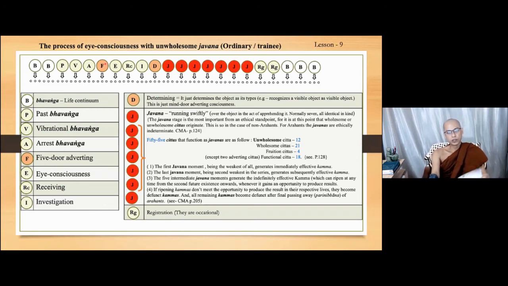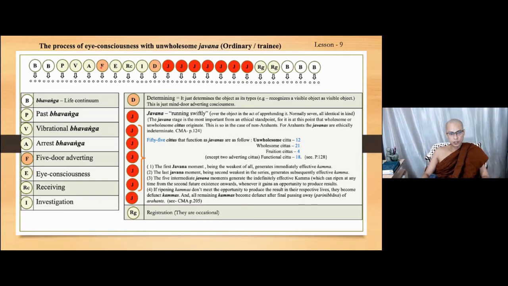With reference to the ahetuka, the combination of ahetuka consciousness. How many mental factors can arise with the five-door adverting consciousness? You can recall it arises with 10. It consists of the aññasamana, except chanda, piti, and viriya.